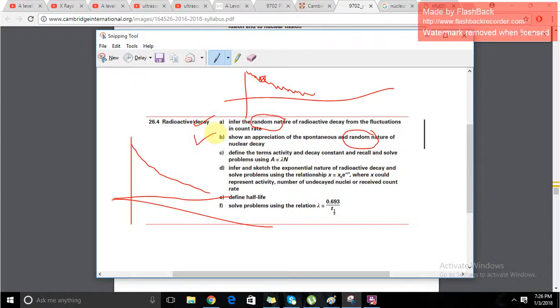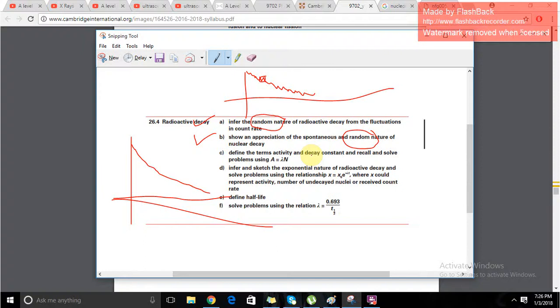So we have to be able to define activity, something called the decay constant, and recall and solve problems using A = λN. So activity is basically, what is it?